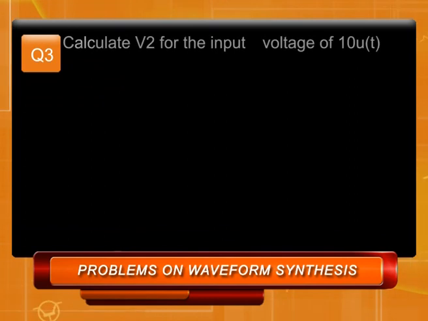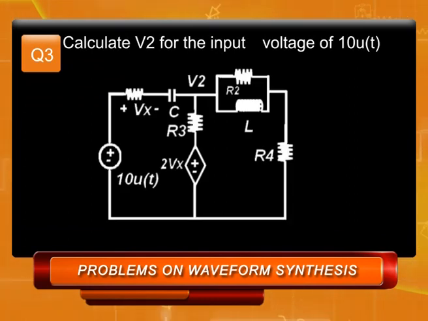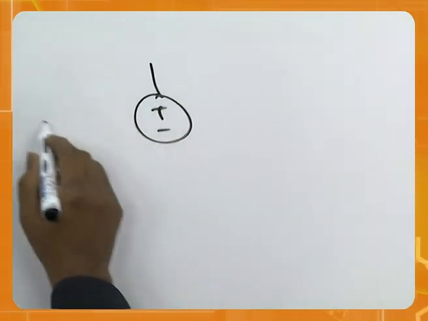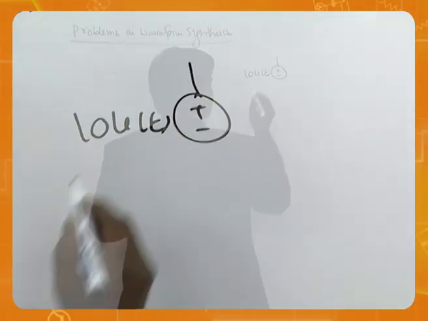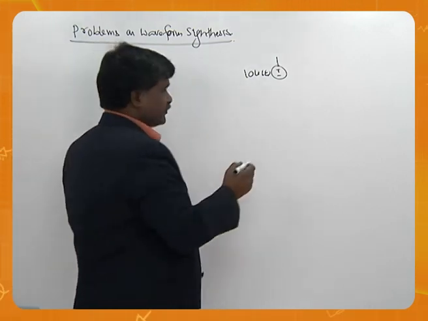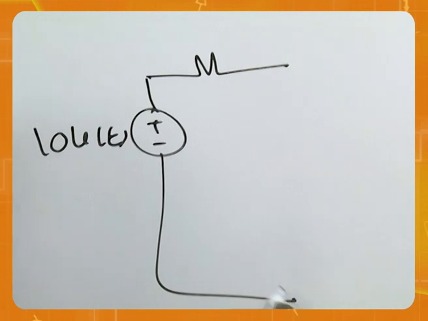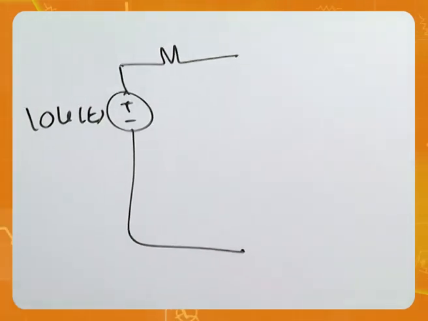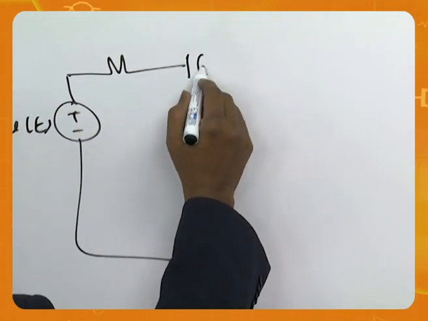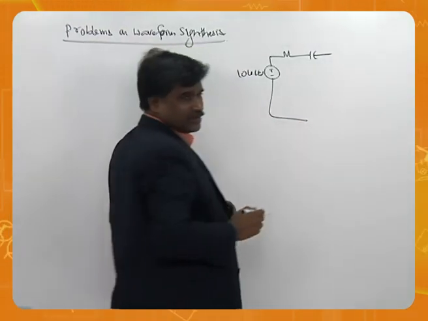V2 for the input voltage of 10 u(t). So look at the circuit. The circuit is given like this. First, 10 into u(t), a step. Then you have Vx here. Then you have a capacitor.